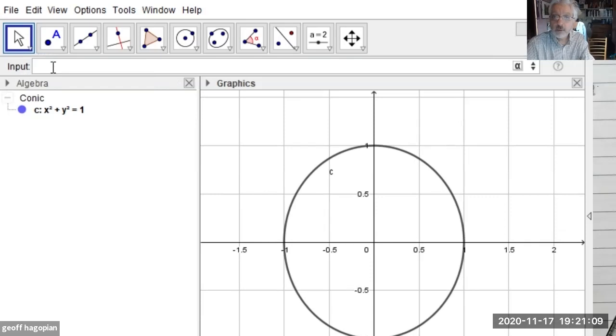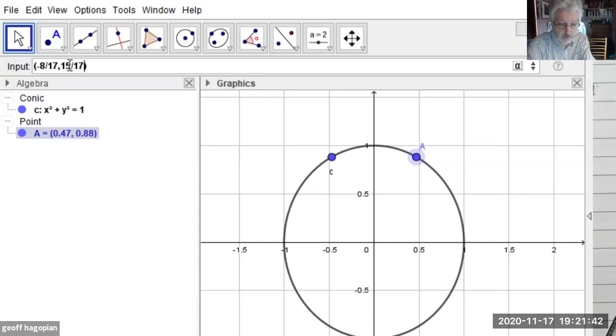So if we plot the point, what do we have? 8/17 and 15/17. Boom, on the unit circle, right? But we can say -8/17, 15/17, and we get its reflection in the y-axis, I believe.